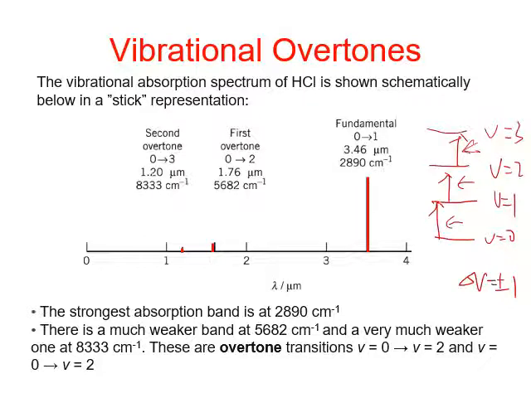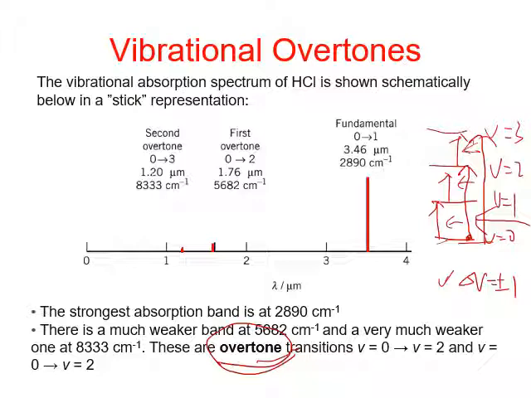So the absorption between 0 and 2 is not allowed because delta v is 2. That is against the selection rule. However, if the vibration has an anharmonicity, then this absorption is possible, and this is called the first overtone transition. 0 to 3 is called the second overtone.